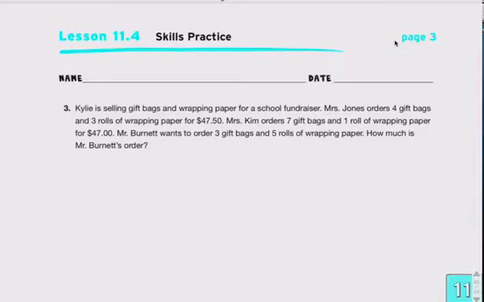Mr. Burnett wants to order 3 gift bags and 5 rolls of wrapping paper. How much? So he wants to order this much. How much is Mr. Burnett's order?